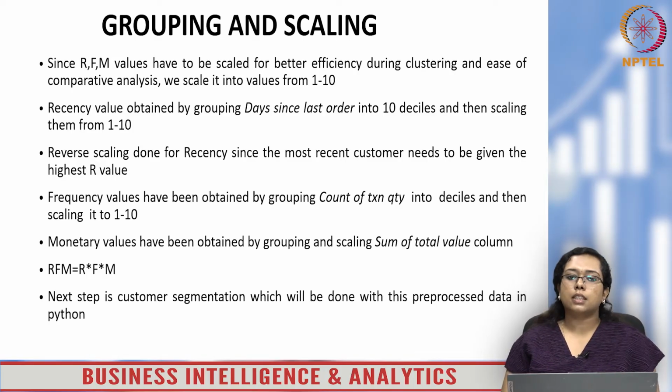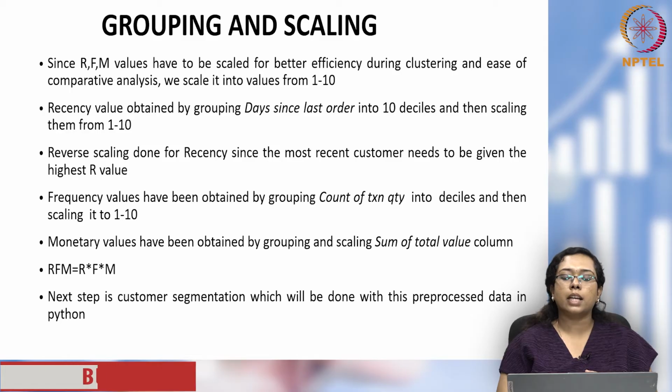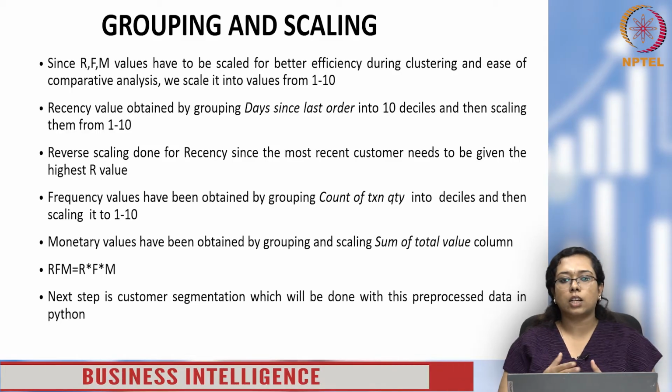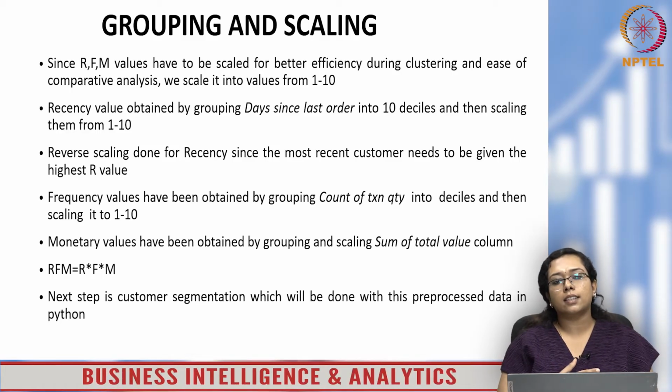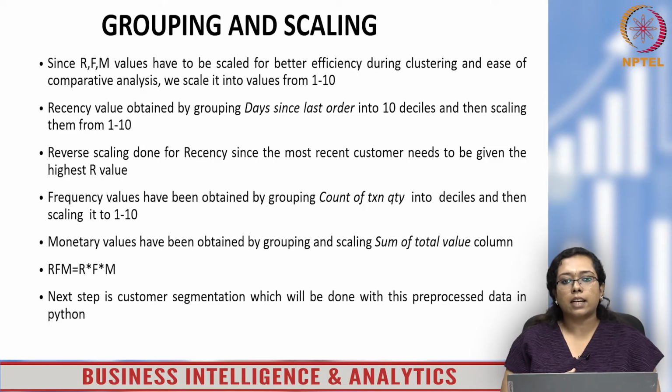Then the last one is the monetary value, which can be obtained by grouping and scaling sum of total value. I have already told you how to calculate the sum of total value, keeping in mind whether it is a sales transaction or a return transaction, and then we get the sum of total value column, which can be grouped into 10 buckets and then scaled from 1 to 10.